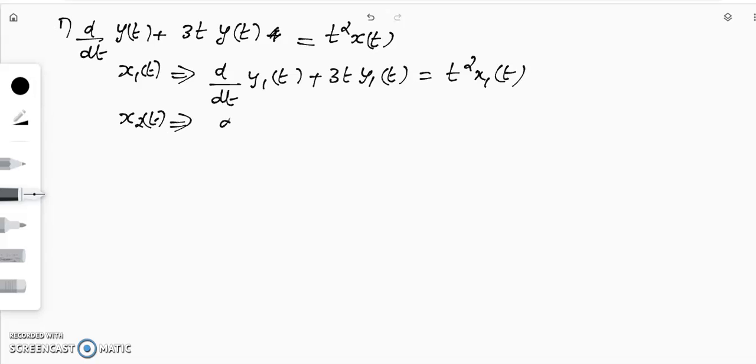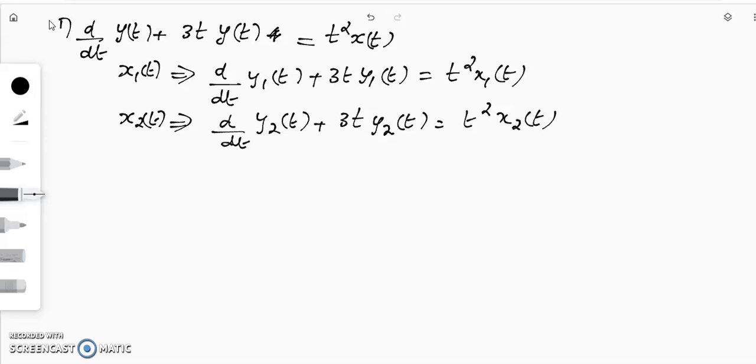Then it will become d by dt of y2t plus 3t y2t, which is equal to t square x2t. Now you will be doing this LHS and RHS separately, not as in the previous case.